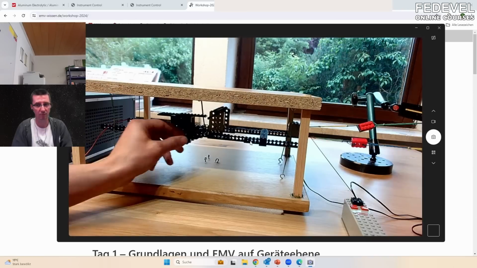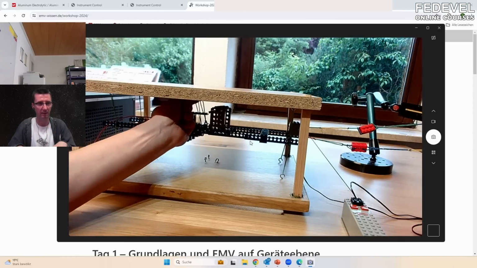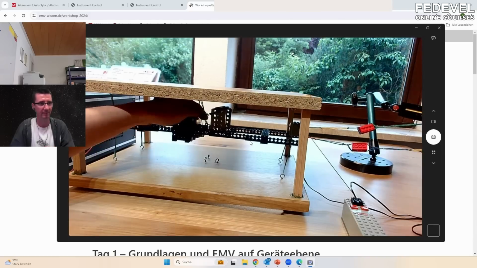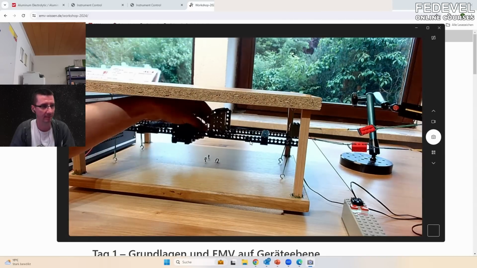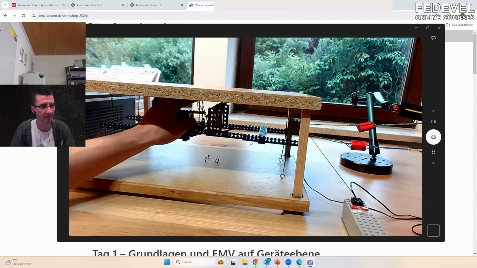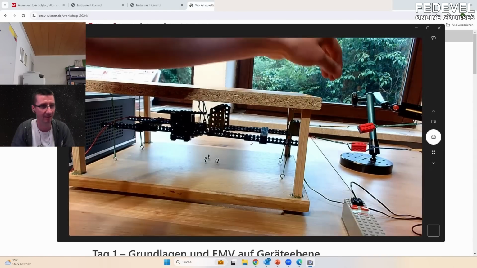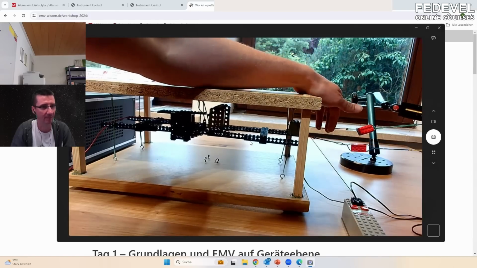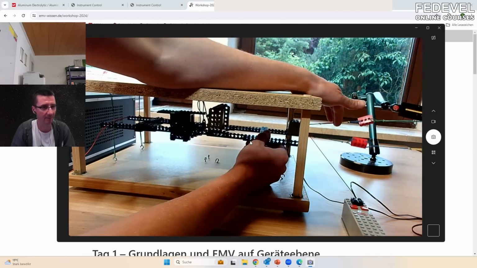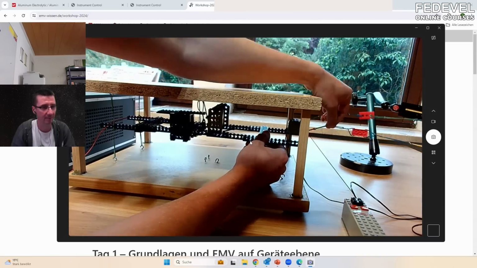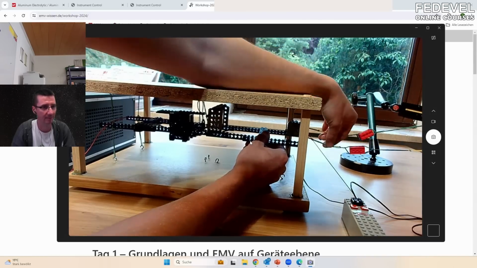So in common mode, both will be jumping the same way? Yes, they're jumping the same way because they have the board as reference. And in differential, they jump differently, or only one is jumping, for example. Yeah, exactly. Here you have only one, let's say. And for common mode, both are in the same direction.